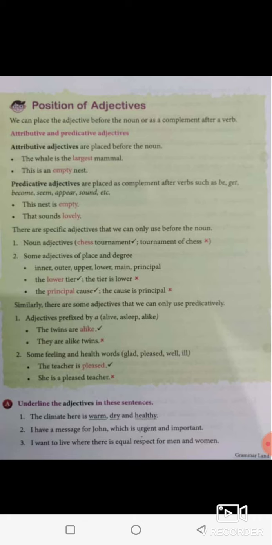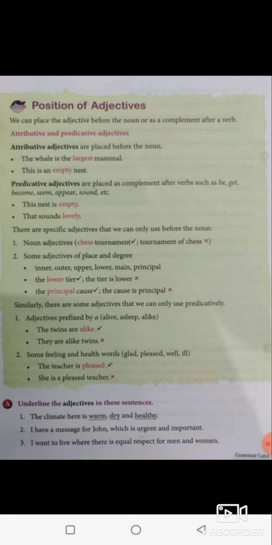Similarly, there are some adjectives that we can only use predicatively. For example, adjectives prefixed by a: alive, asleep, alike. For example, the twins are alike. Alike is called an adjective prefixed.